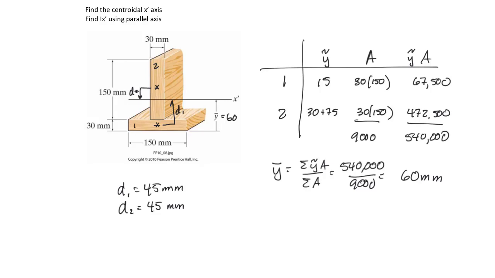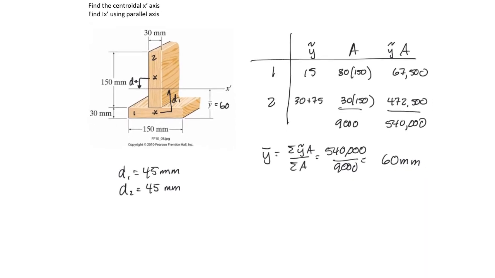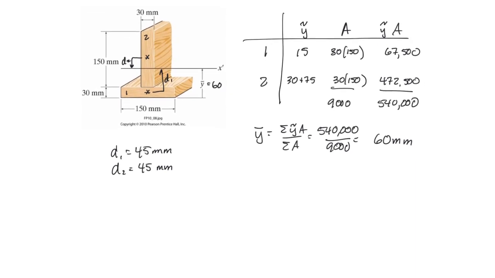All right, using the parallel axis theorem, let's see what we can find as far as the moment of inertia about our newly found x prime axis. So I about x prime is equal to the sum of Ig plus AD squared.